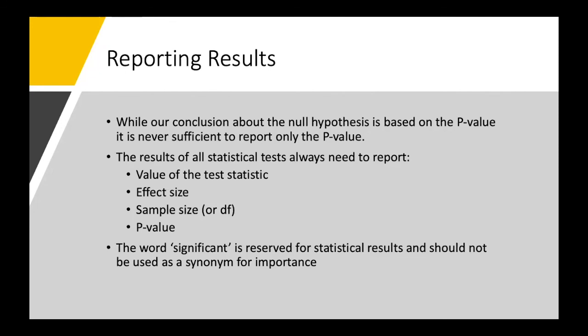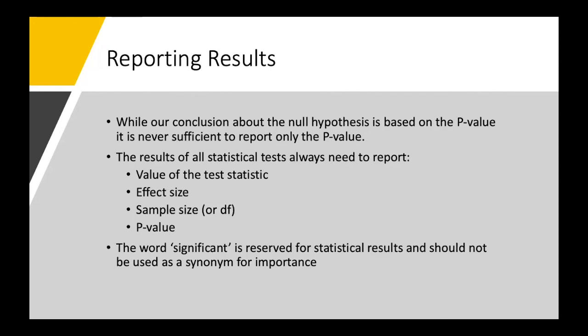If we want to comprehensively report the results of a statistical test, we always need to include some measure of the value of a test statistic, a measure of the magnitude of the effect size, some indication of the sample size or degrees of freedom, along with the p-value. It's never sufficient to report just a p-value on its own.